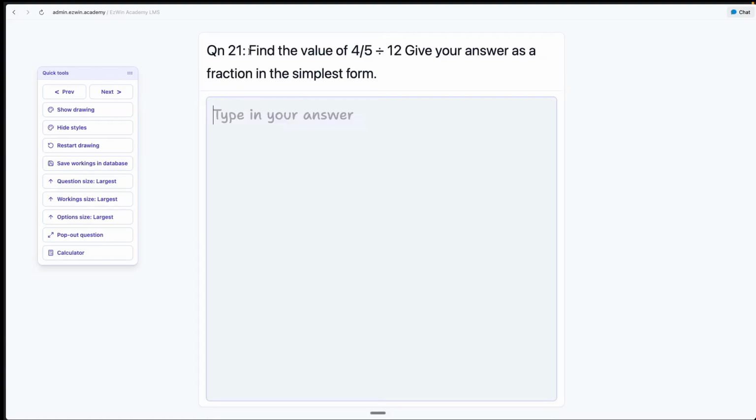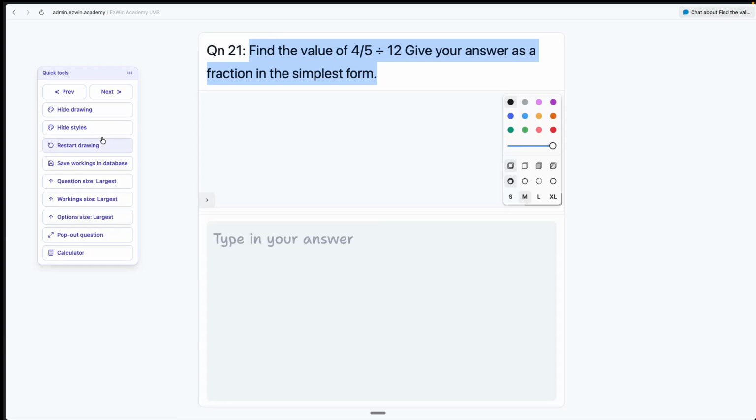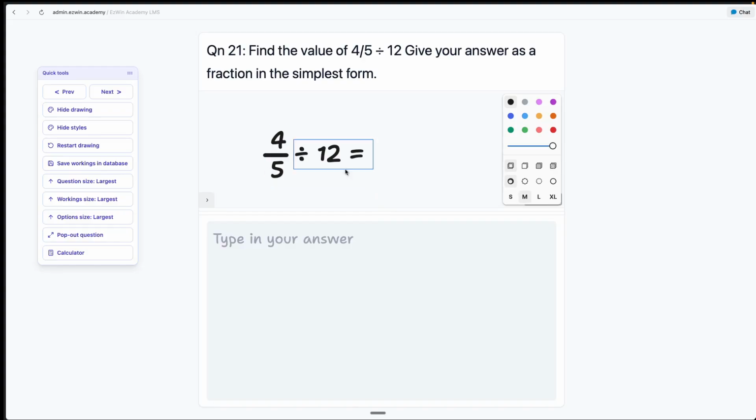Next question, question 21. Find the value of 4 out of 5 divided by 12. Give your answer as a fraction in the simplest form. So if I were to draw it out, it will look something like this, right? 4 out of 5 divided by 12. Okay, so we know the steps of dividing with fractions.